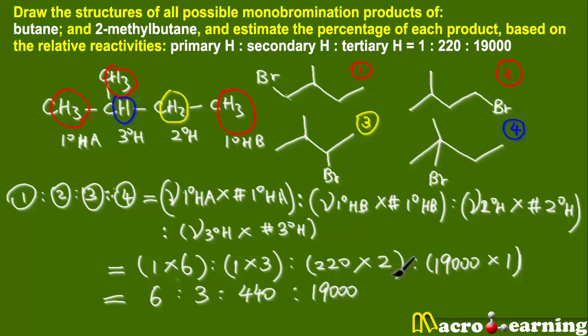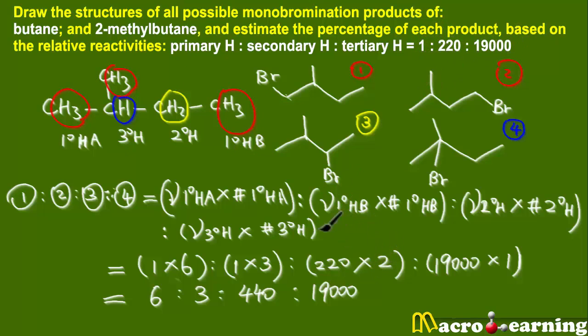That is it. Now to calculate the percentage, it's pretty straightforward. I can leave it to you guys actually. But what you do is for number 1, you just take the number for number 1, which is 6, and divide it by the sum of the 4 numbers. That way you get the percentage for number 1, which is low because of the low reactivity of the primary hydrogens, despite the number of hydrogens being higher, because the reactivity is so much lower.